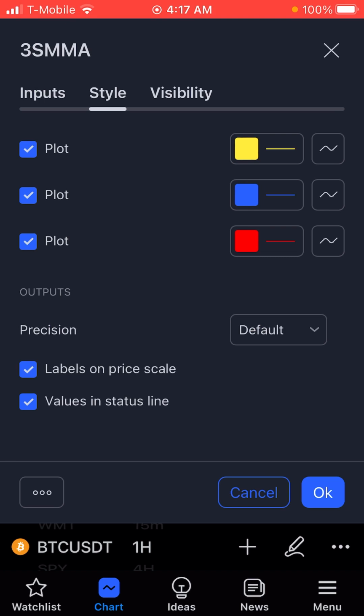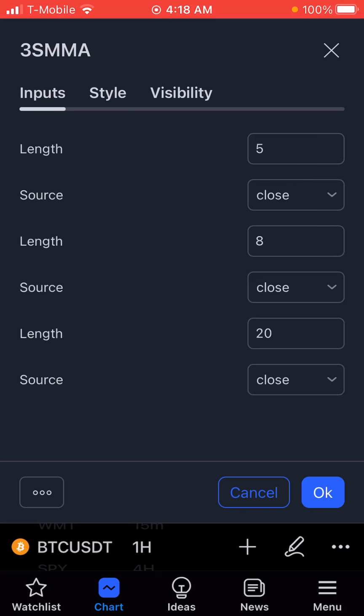If you want to do this on a free account with TradingView, you will need 3 indicators. I would suggest you get the paid account, because the paid account really is worth it. I'll put links below if you guys want to do TradingView. But if you want to do this on a free account, you're going to have to do it like I do here.